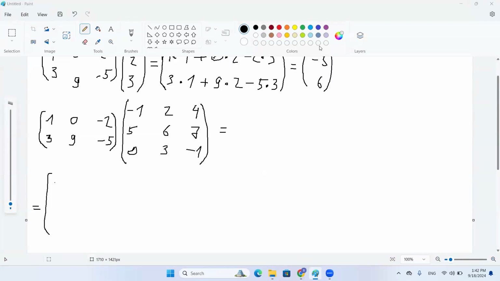1 by minus 1, then 0 by 5 minus 2 by 0. The second row is 3 by minus 1, then plus 9 by 5 minus 5 by 0.